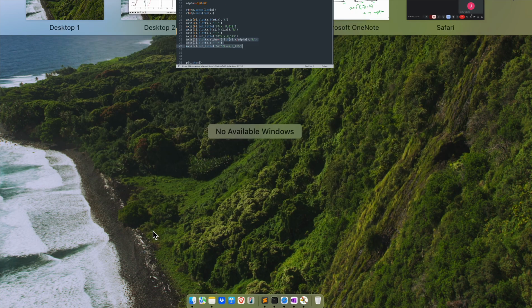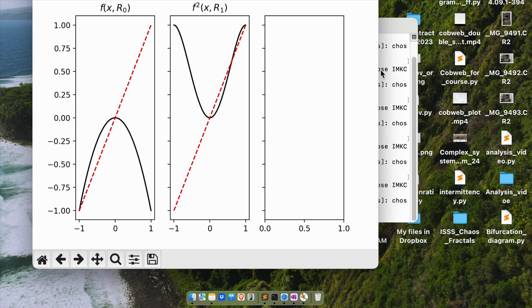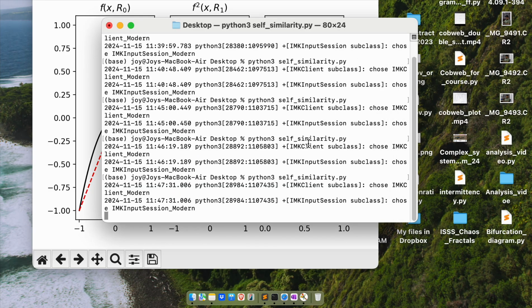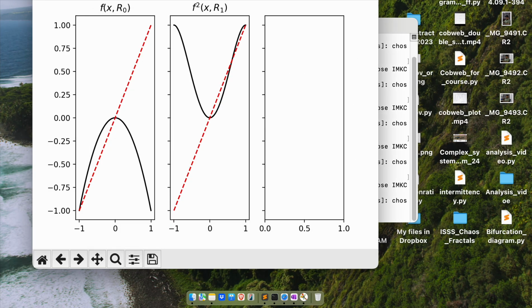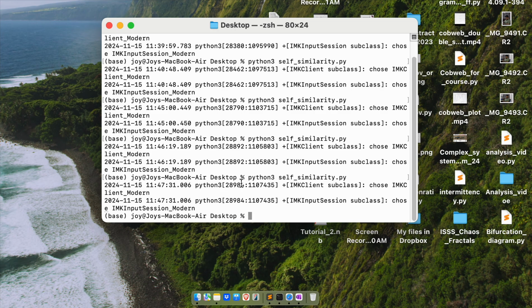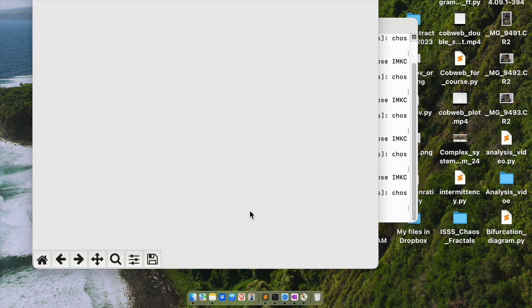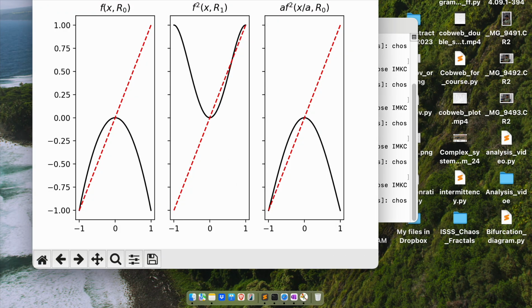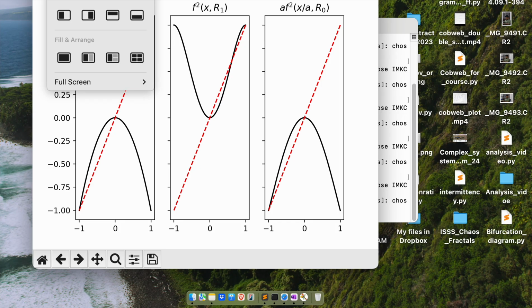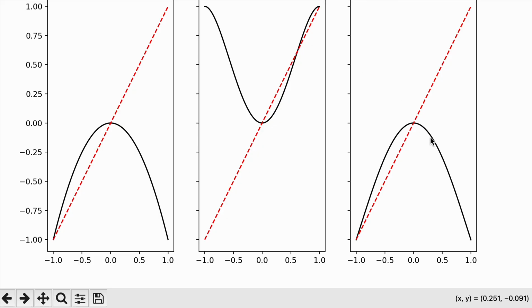If I take that, you will find that I am only zooming out this region. So a into f square x by a, where I have taken a as minus 1 by 0.62.